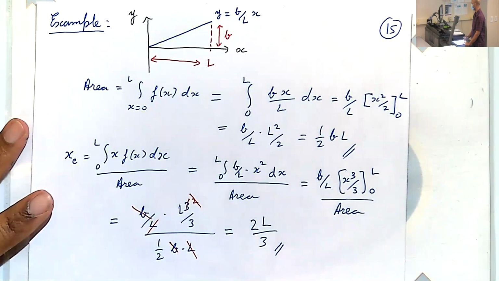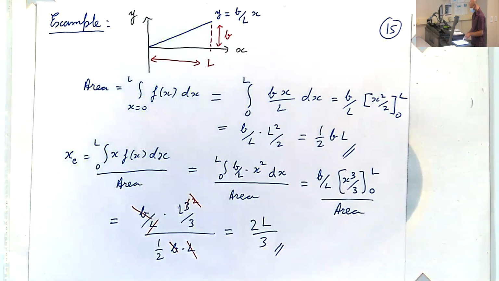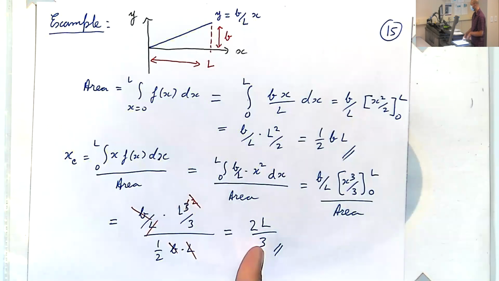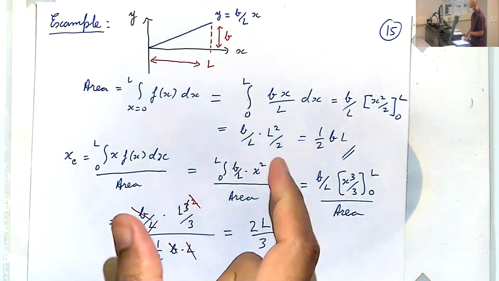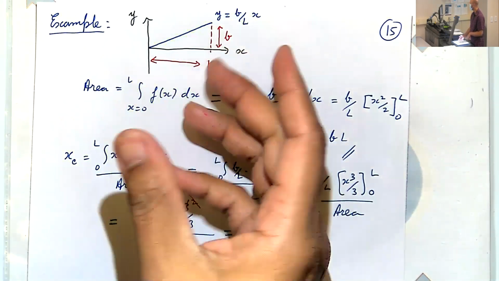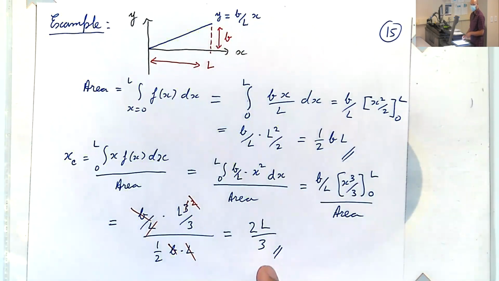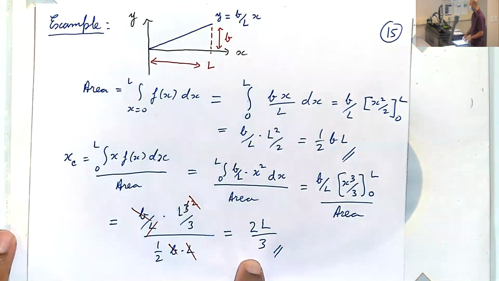What is that saying? Does this number look familiar? Centroid of a triangle is 2L over 3. What is this saying?